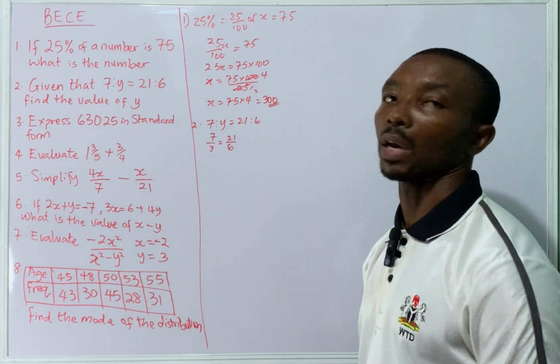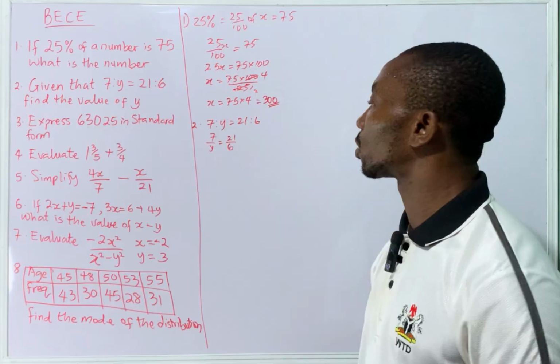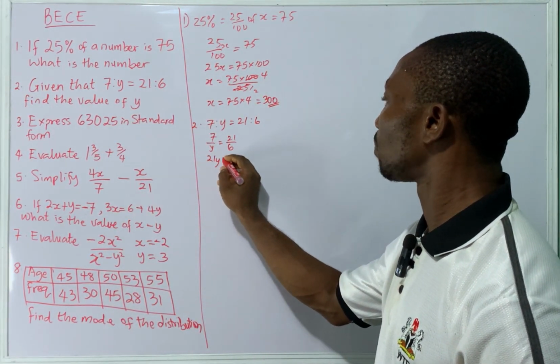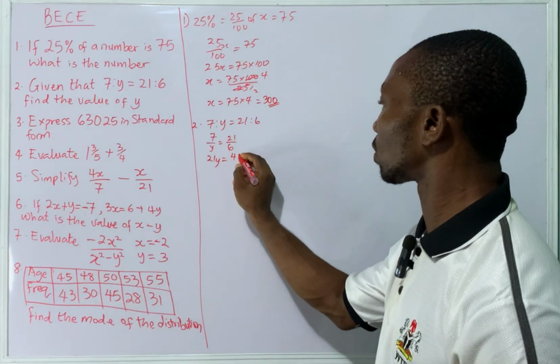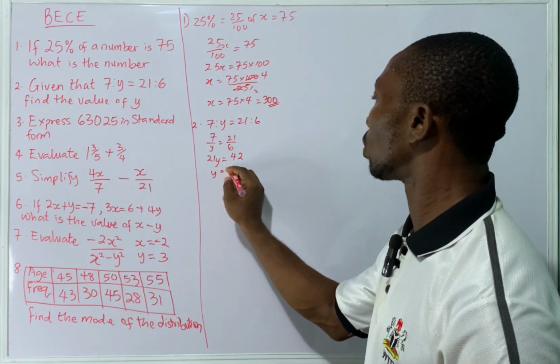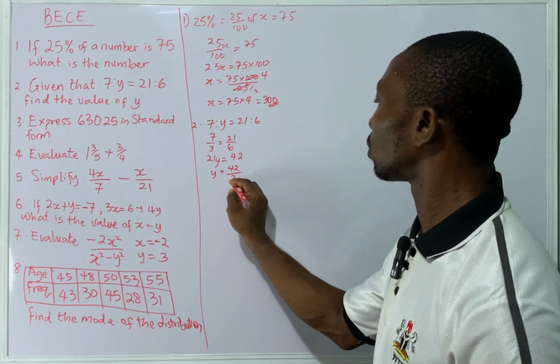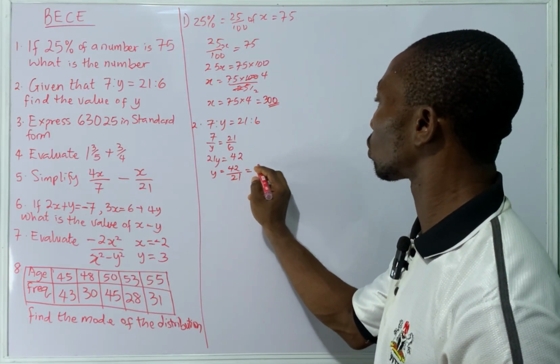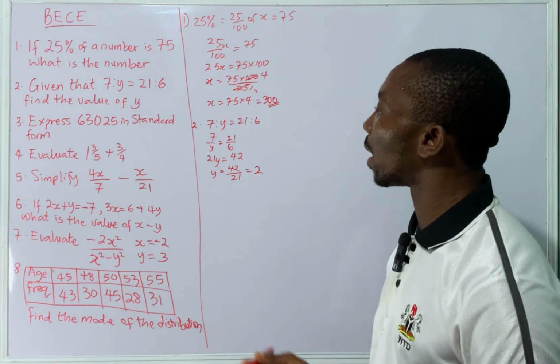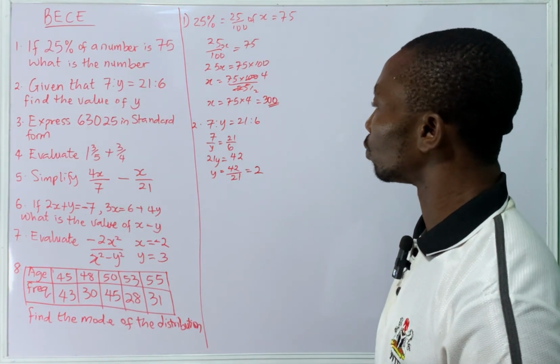Okay, so we can now cross multiply. When we cross multiply, this gives us 21y equals 7 times 6 is 42. Okay, so y equals 42 over 21, which gives us y equals 2. So the value of our y would be 2.